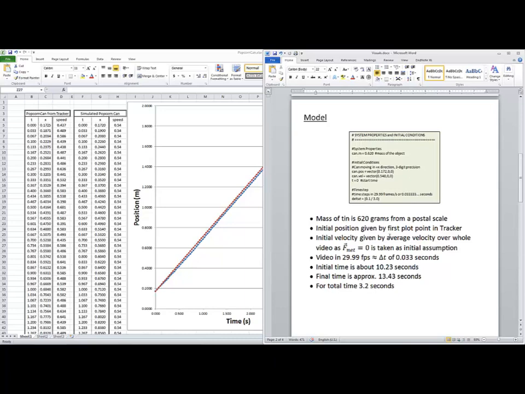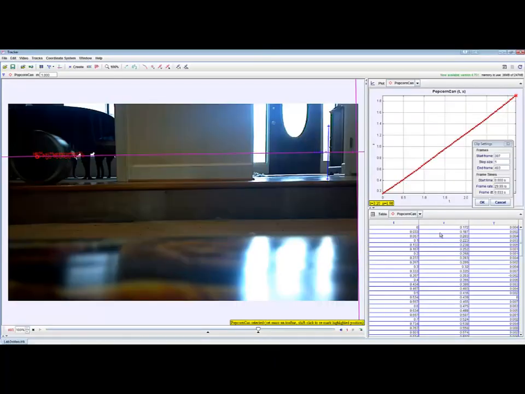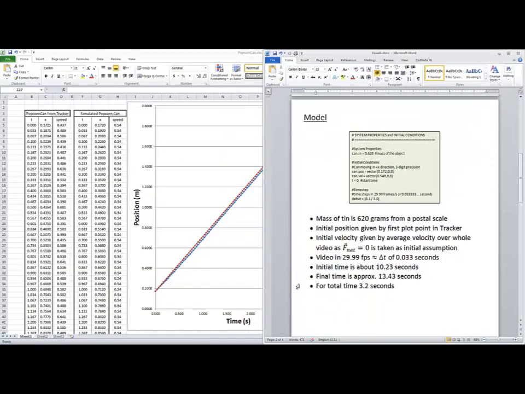I gave it the start position by the first plot point I recorded in Tracker, and I gave it the start velocity by taking from Tracker all of the displacement over x over the entire delta t, and that came out to be 0.54 meters per second. So I input my velocity as 0.54 in the x direction, positive.